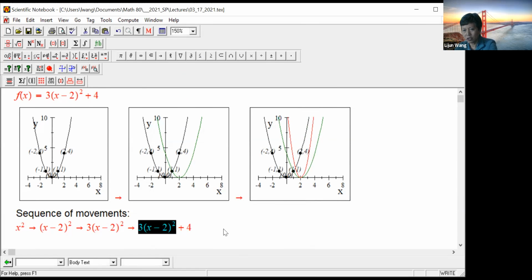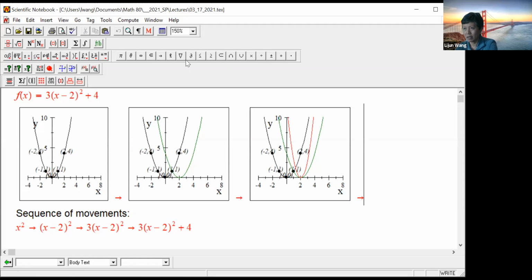So is it going to be shifting to the left, right, up, or down? What do you think? We're making cartoons, right? We're making cartoon of sort.